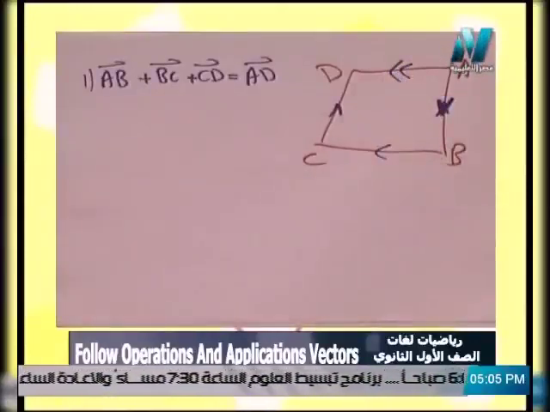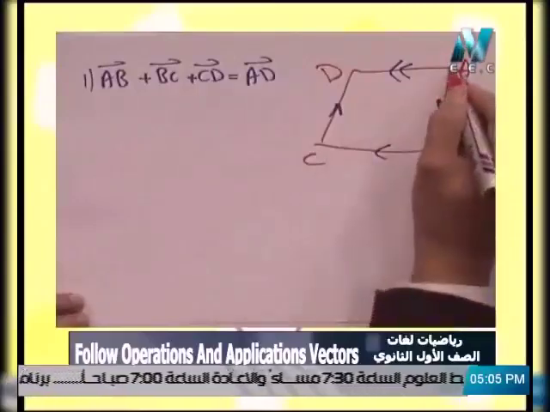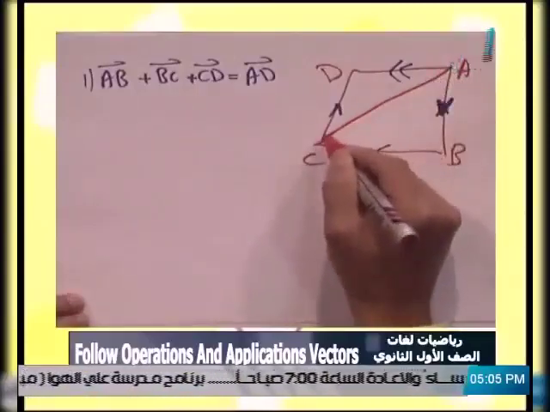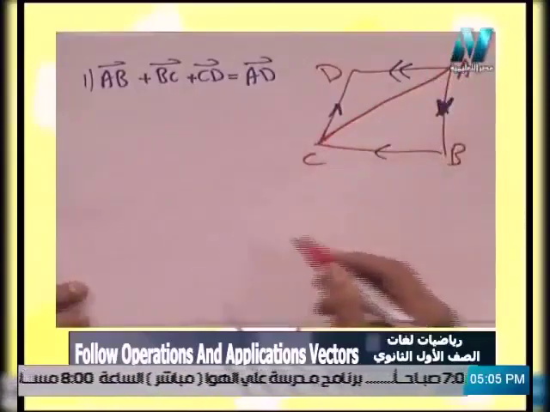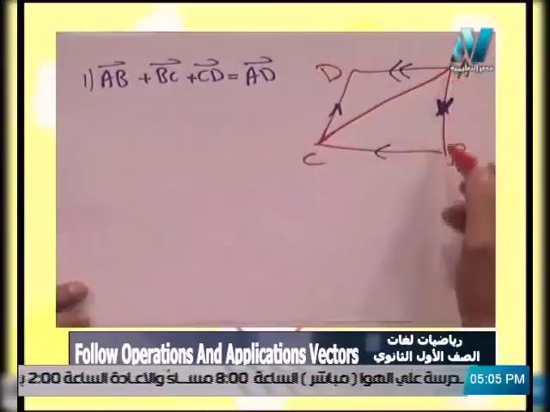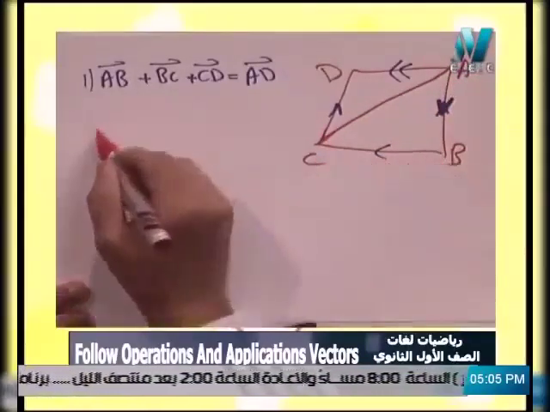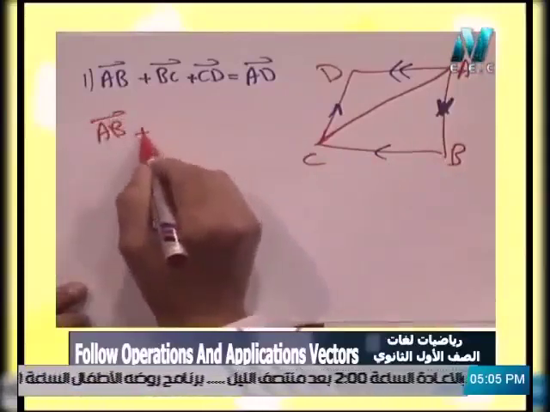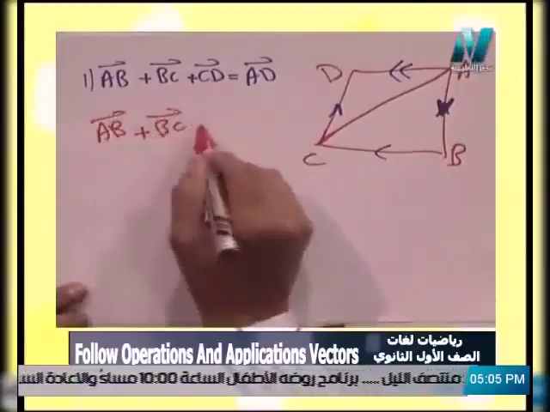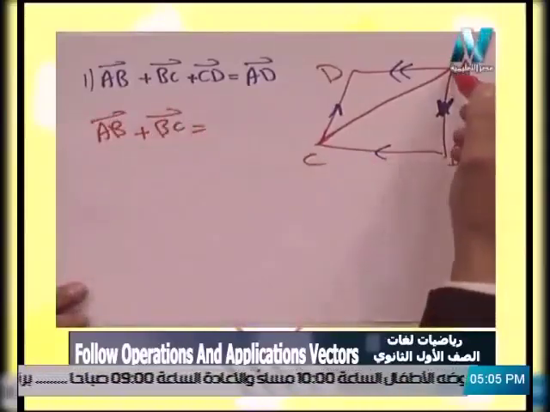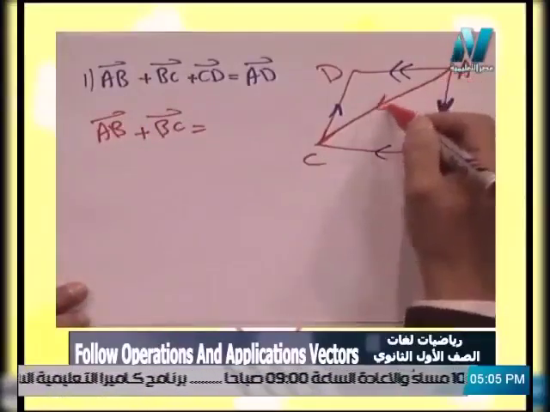It's easy to complete the triangle here to get the triangular vector, and of course the vector AB plus the vector BC will equal the vector AC.